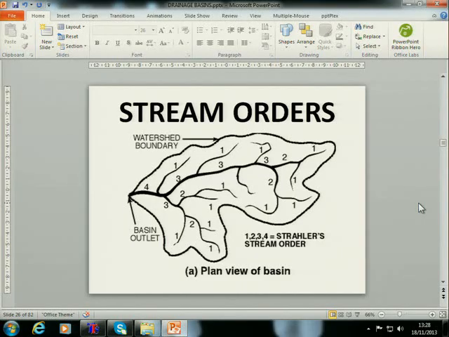Now, we are going to start numbering them. The reason why we want to determine a stream order is because we want to see the highest order stream.